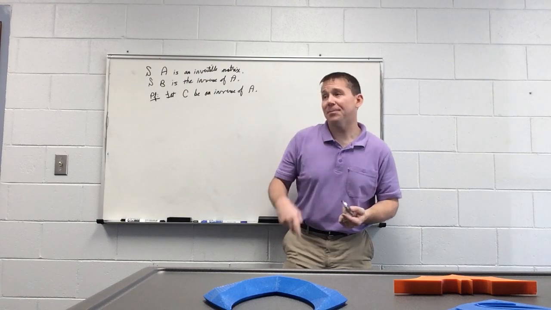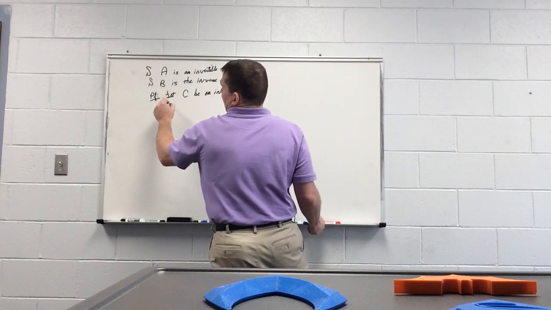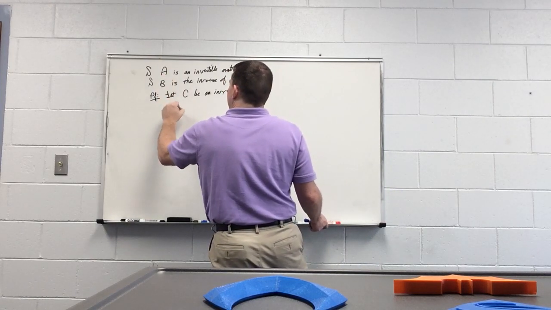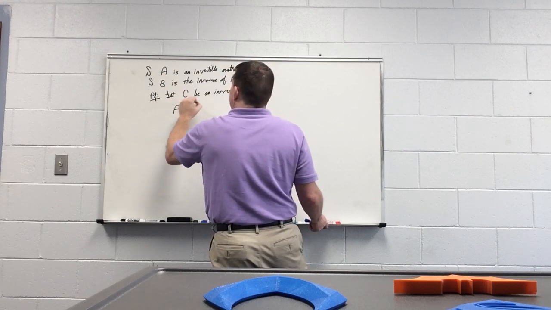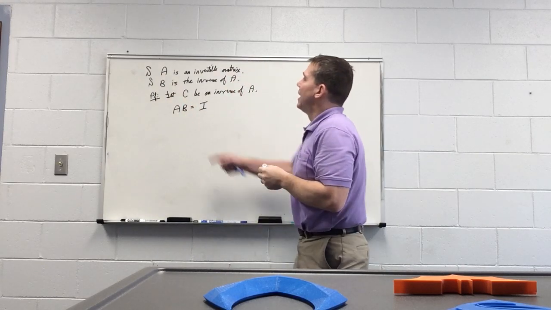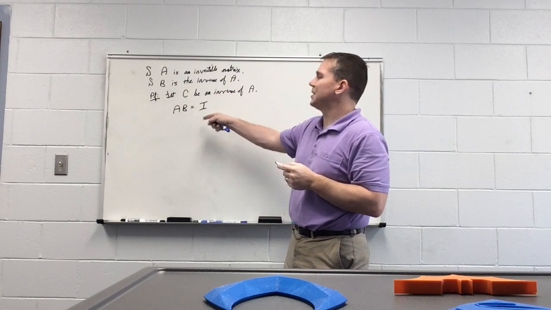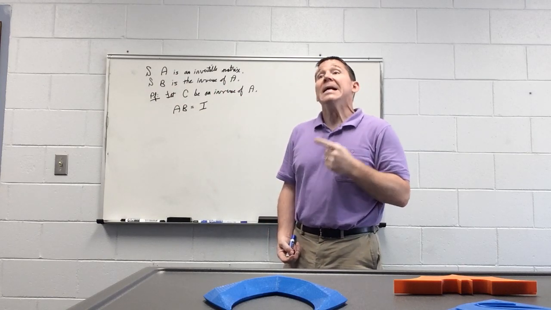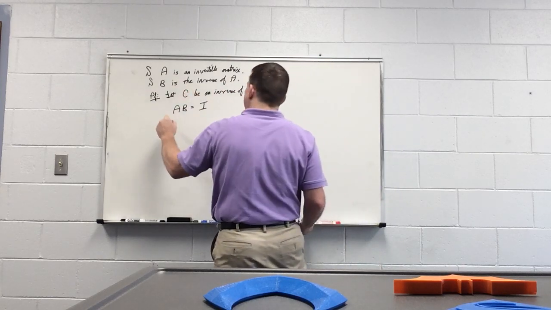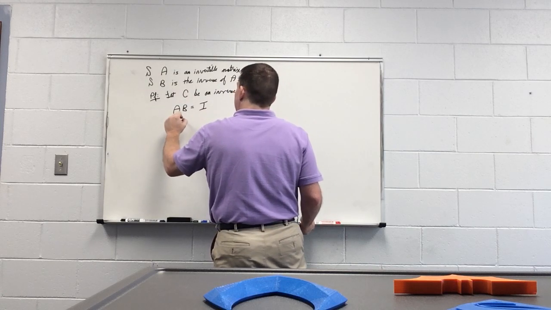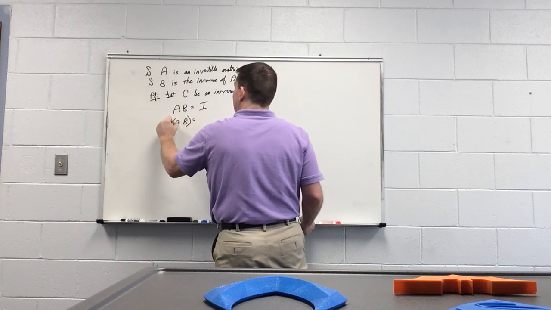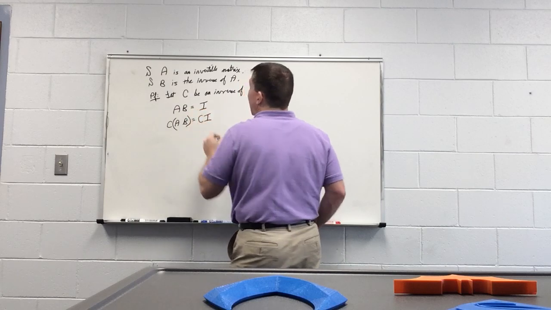The proof is actually pretty straightforward. Well, let's see. AB is equal to the identity I, because A times its inverse is the identity. Now, multiply by C on the left. I get CAB is equal to CI.